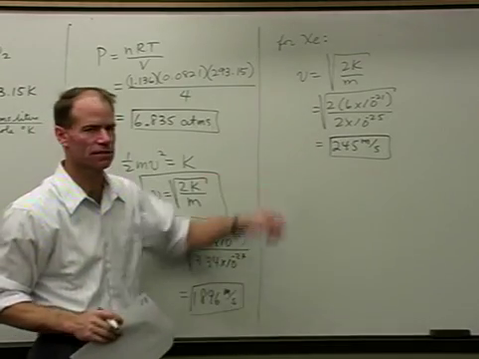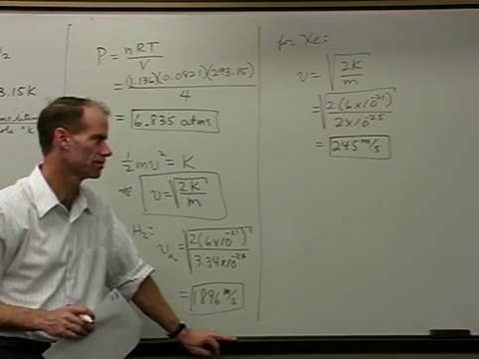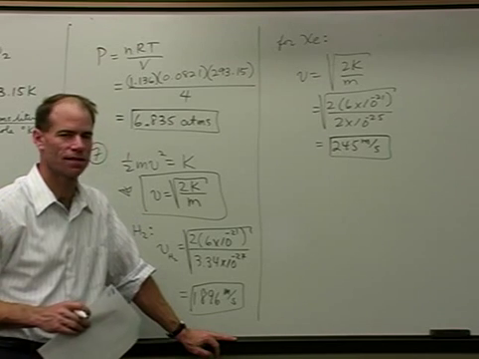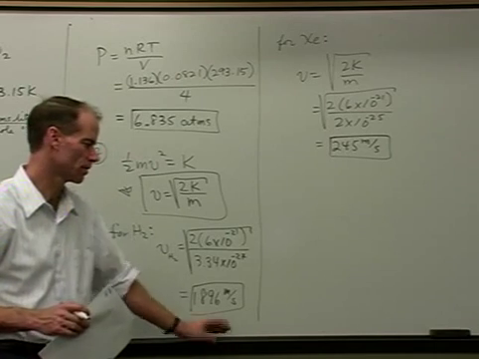Hydrogen's a lot faster than xenon, which is one reason why hydrogen has a tendency to escape the atmosphere, because it's got more velocity.